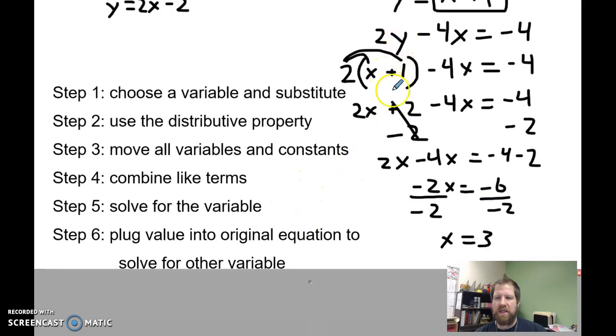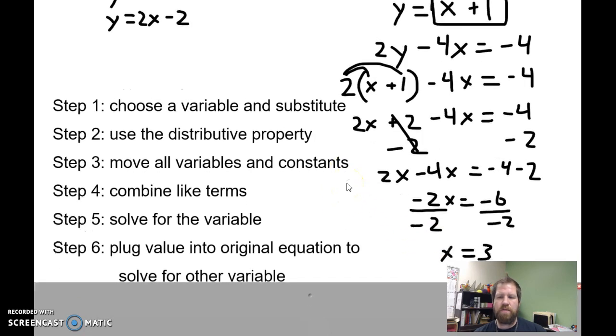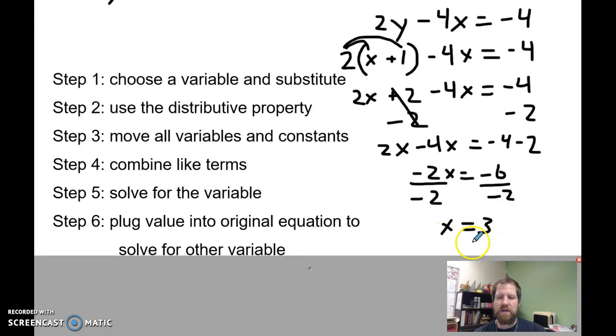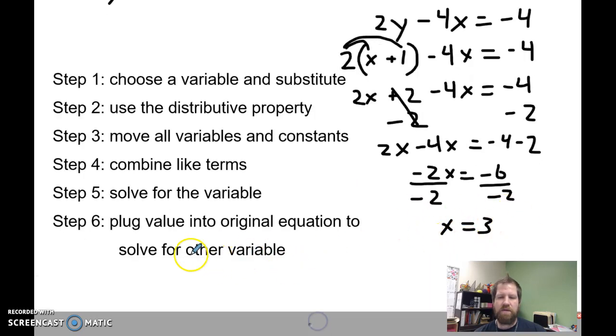That might seem like a pretty long process, and there are quite a few steps to get to it. We've been adding more and more steps as we go, but we still have one more thing to do. I figured out my x value, now I've got to solve for my y, the other variable.